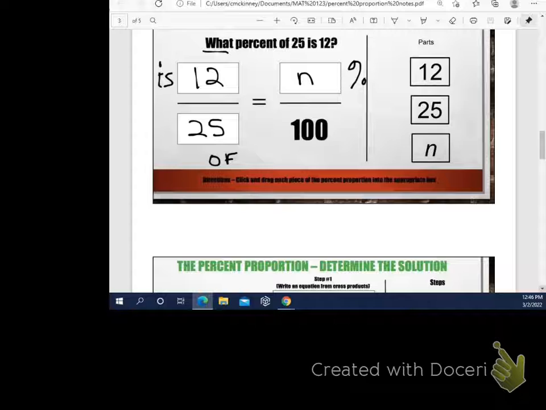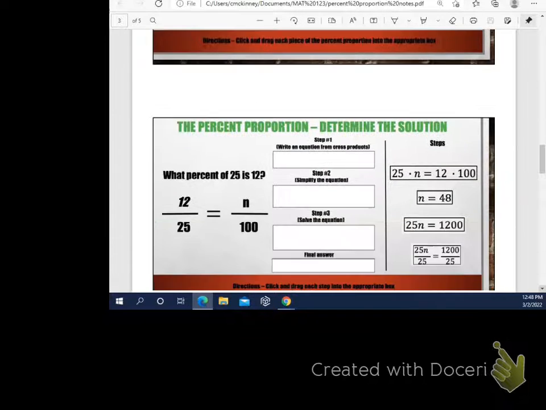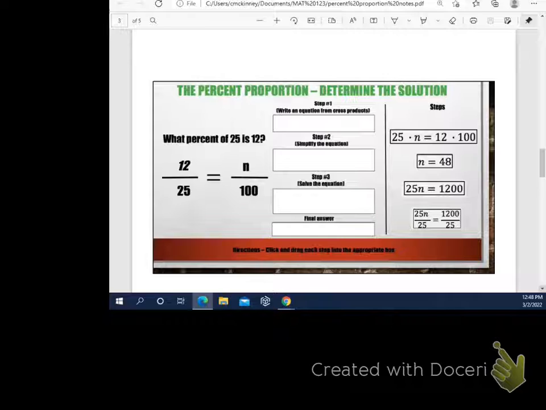Okay, if you look at the next slide, we can solve that by cross multiplying. Hopefully the cross multiplying is not any issue since we've had to do that for other things. And we come up with 48 as an answer.